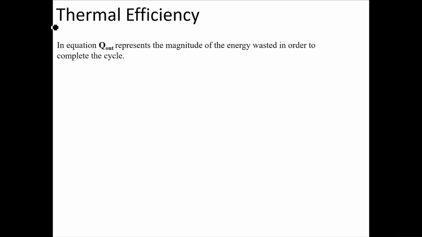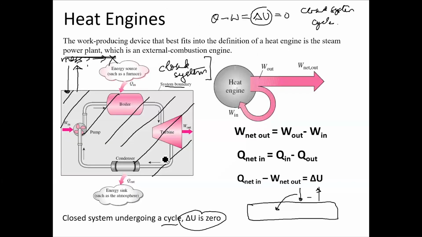Yes, sir. Now, how do you define the thermal efficiency of your system? In the equation, Q out represents the magnitude of energy wasted in order to complete the cycle. If the low pressure, low temperature steam is not passed through the condenser, you will not be able to get the liquid phase water at high pressure, high temperature.